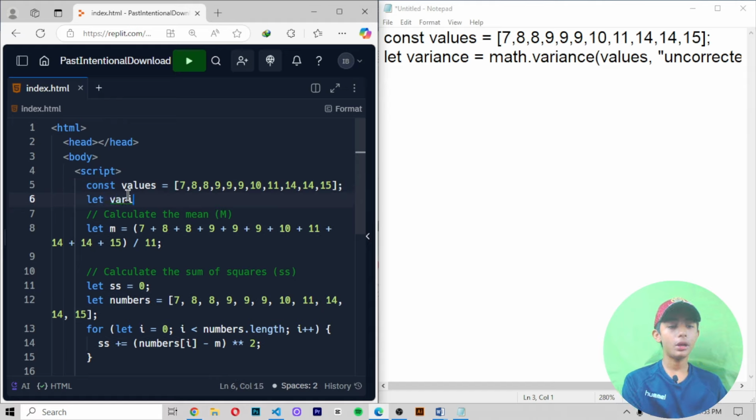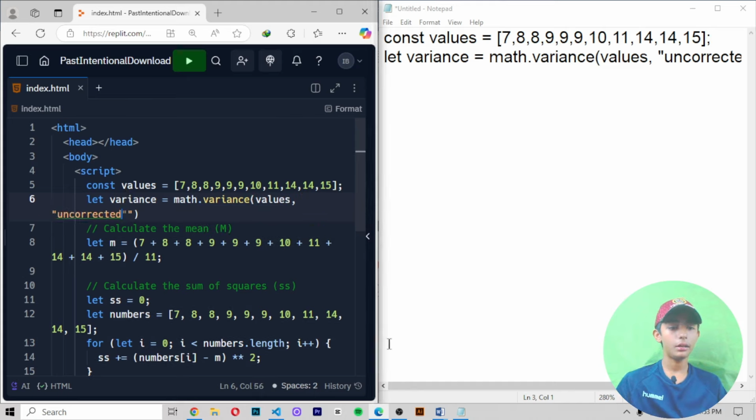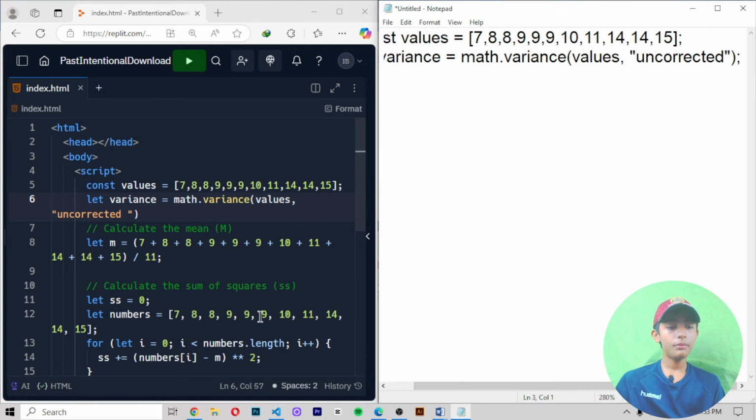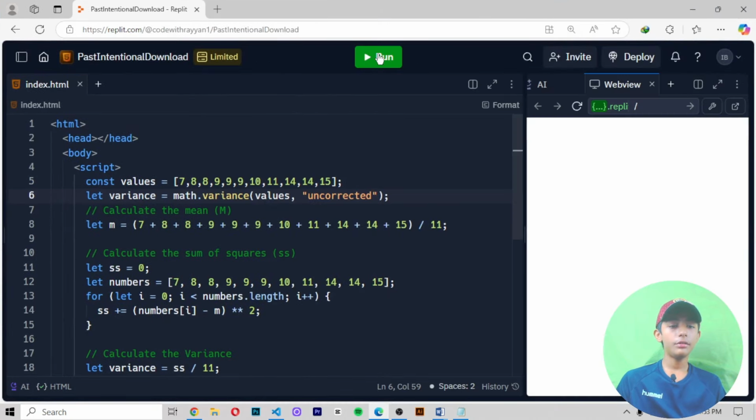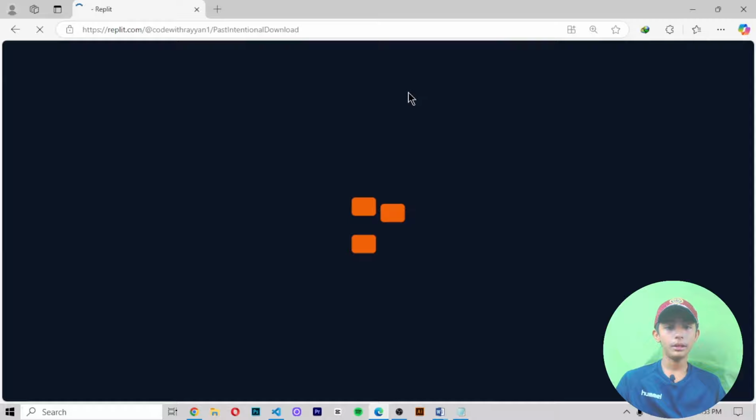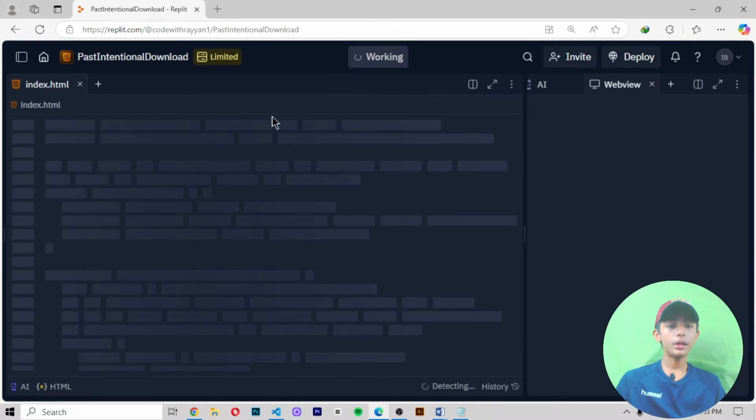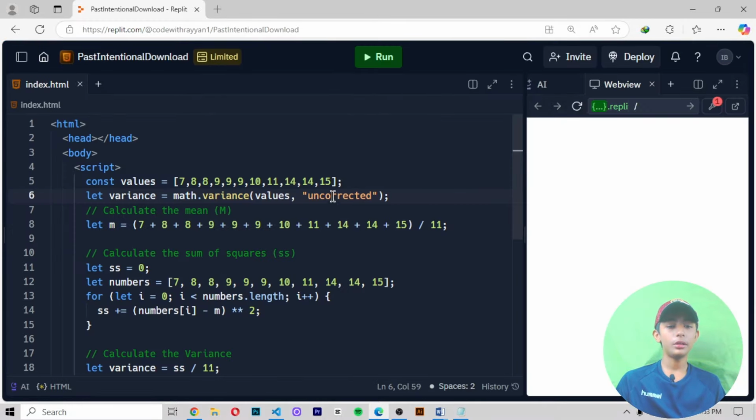Then like ret variance equals math.variance, then write values, comma, in double quotes "uncorrected". When you write it, you will run it from here, simply. It takes a little bit of loading, but it will run.